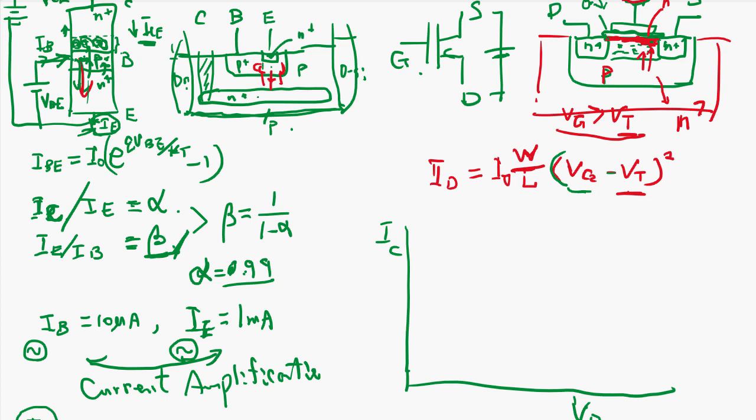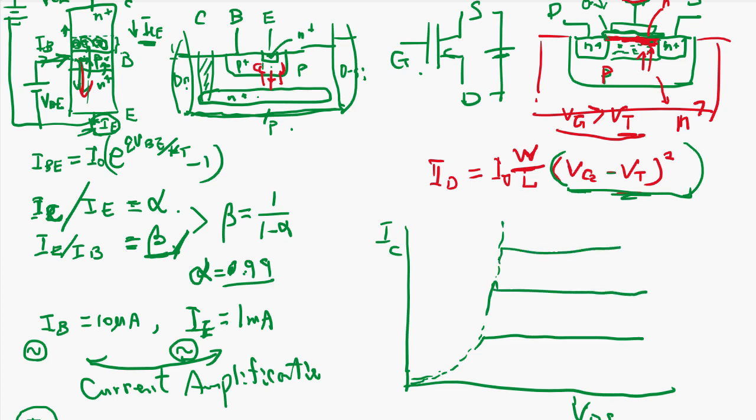Whichever you call the drain and the source, the voltage, this square, once current starts flowing, it follows this one until it saturates. Once it saturates, the saturation depends on Vg minus Vt, right?